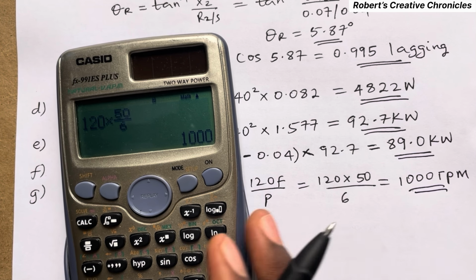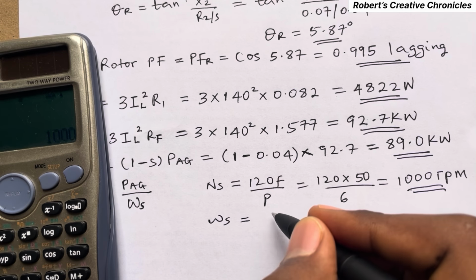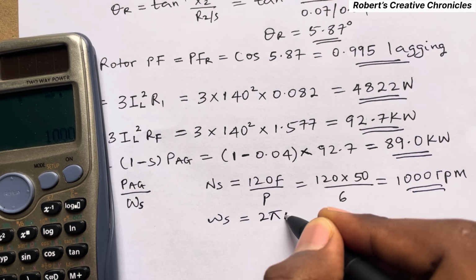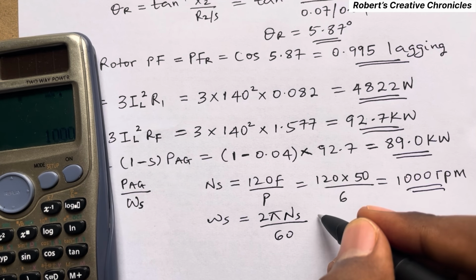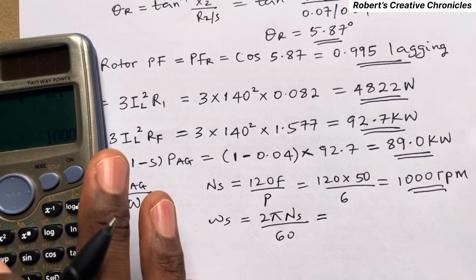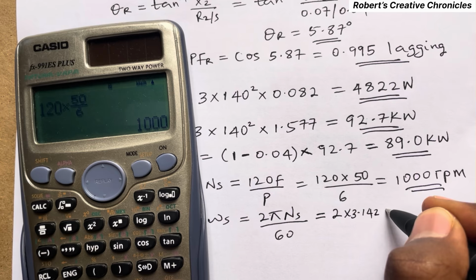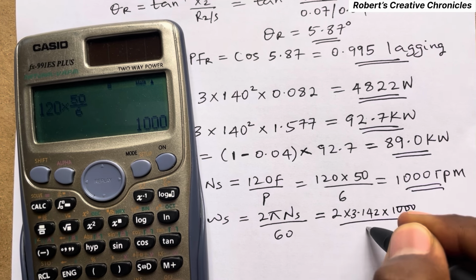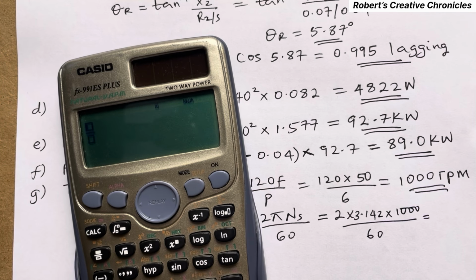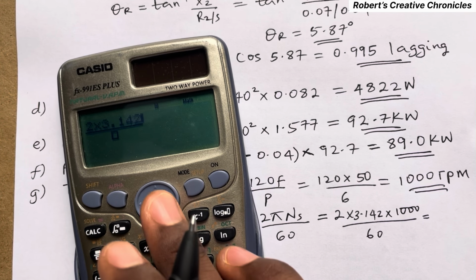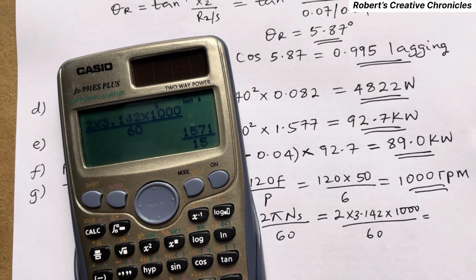So this is the synchronous speed in RPM. Now to find the synchronous speed in rad per second, it is 2 pi ns over 60. So this is 2 times 3.142 times 1000 over 60.